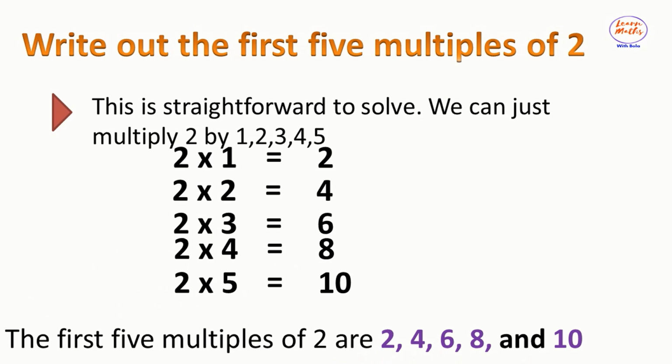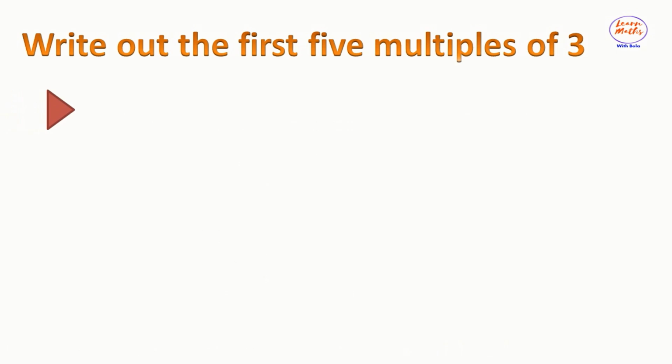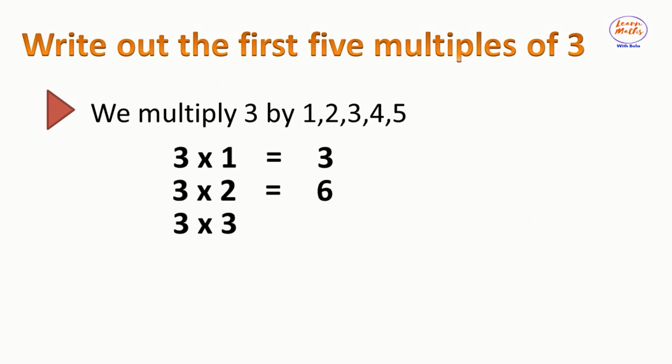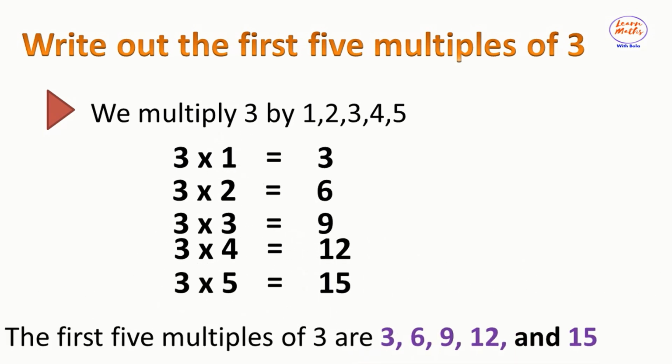Let's do another example using 3. We are asked to write out the first 5 multiples of 3. Like we did in the previous one, we multiply by 1, 2, 3, 4, 5. So 3 times 1, 3. Then we have 6, 9, 12, and 15.